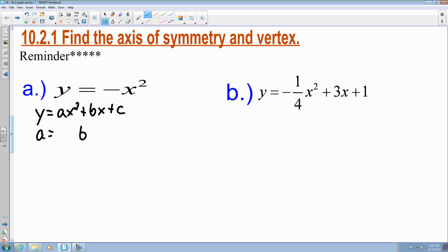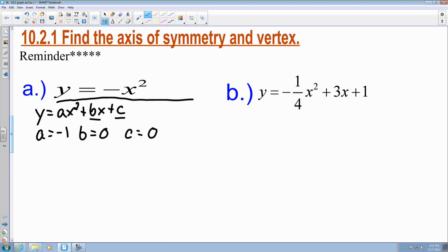So here our a equals negative 1. B equals 0 and c equals 0 because there's no bx or c term in this equation.